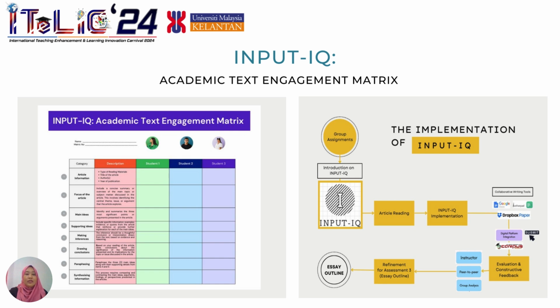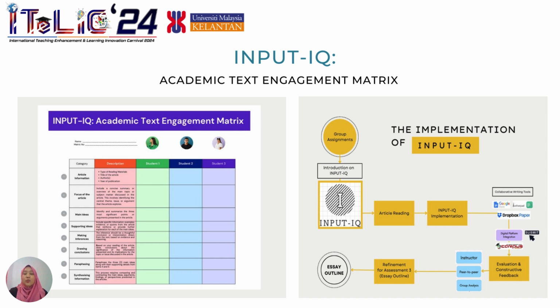On the left is the layout of the Input IQ, whereby you can see those eight categories and descriptions listed together with the columns for student one, student two, and student three. On the right side, you see the step-by-step process of how we implement these metrics in the class.